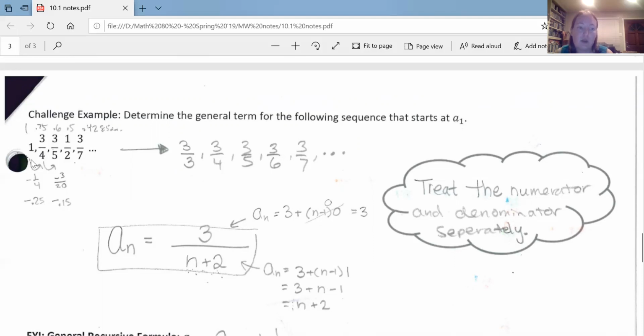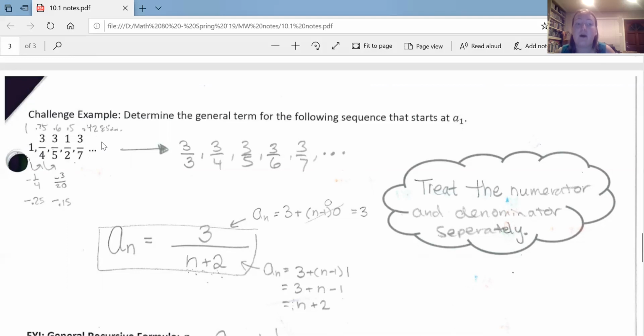Oh, this is 3 over 3, so it does match the pattern, which I have over here. Another option, I've had students convert it to decimals, but it's not a consistent thing, so you don't really get your d from that.